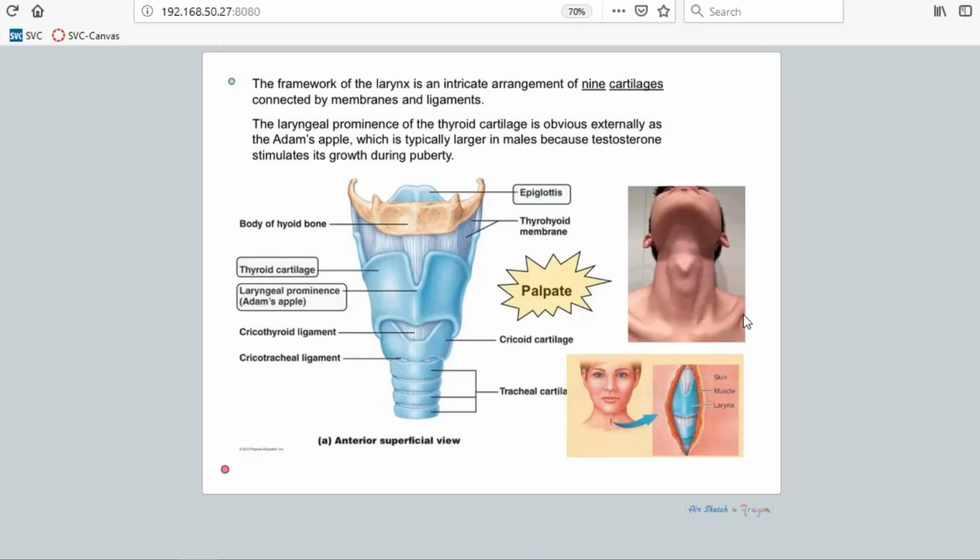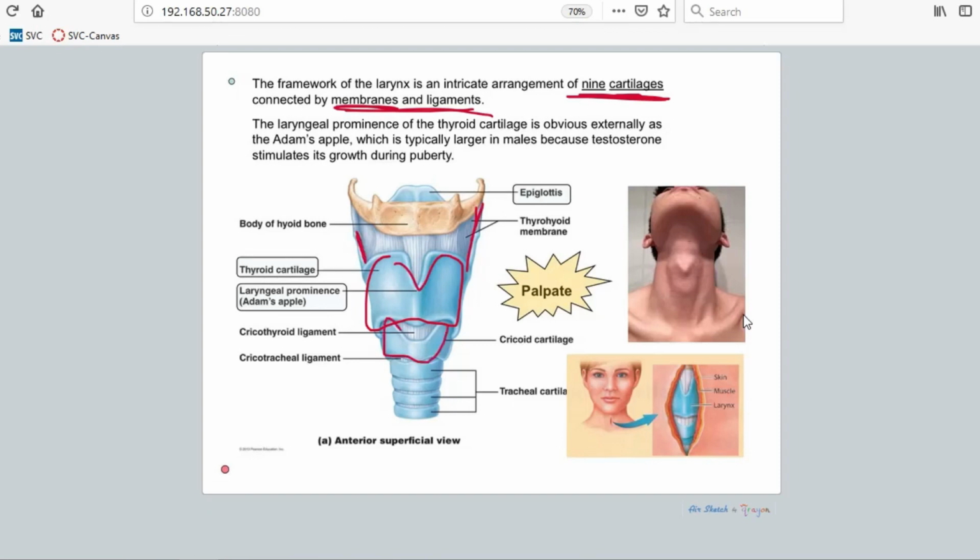All right. So let's talk about the structure of the larynx here. All this is the larynx, and it's an arrangement of cartilage, membranes, and ligaments. There's 9 cartilages that are connected by membranes and ligaments.